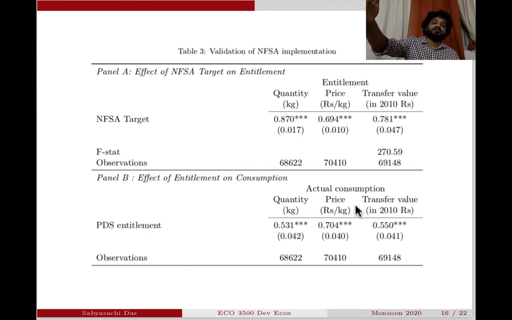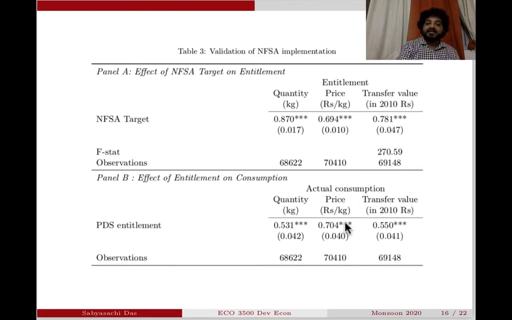Maybe that person is only consuming 4 kg from the 5 kg quota, or they are consuming more. They're consuming 6 kg, 5 of which come from the PDS, 1 kilo you're buying from the market. So aggregate consumption, your average price, or your total quantity consumed could be different from what you're entitled to get from PDS, because you can either buy less than the entitled amount or buy extra from the market, right?